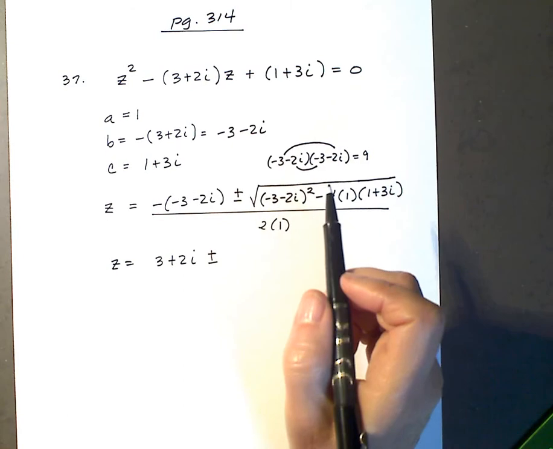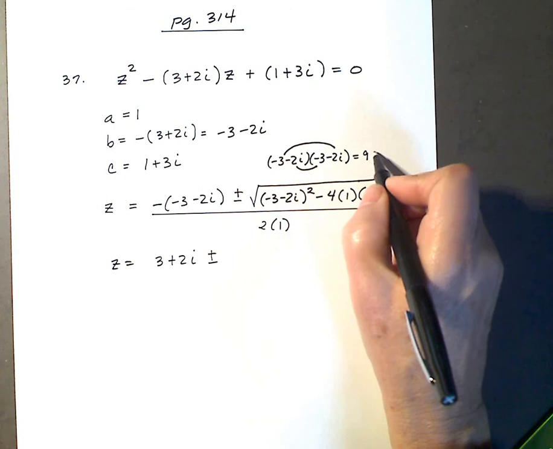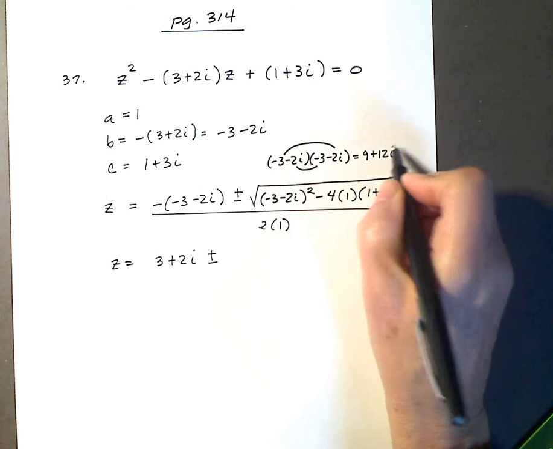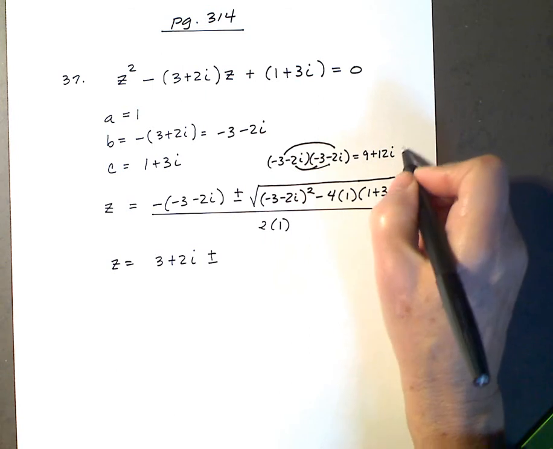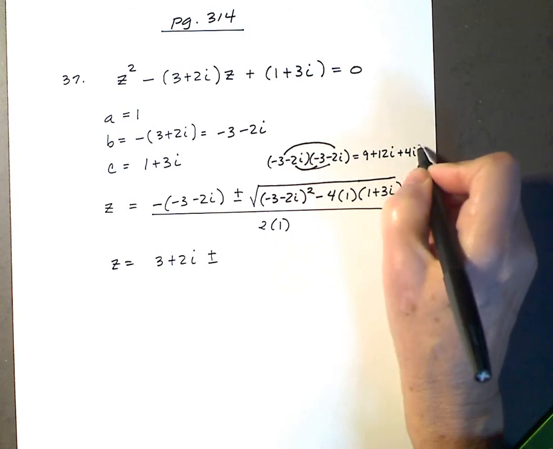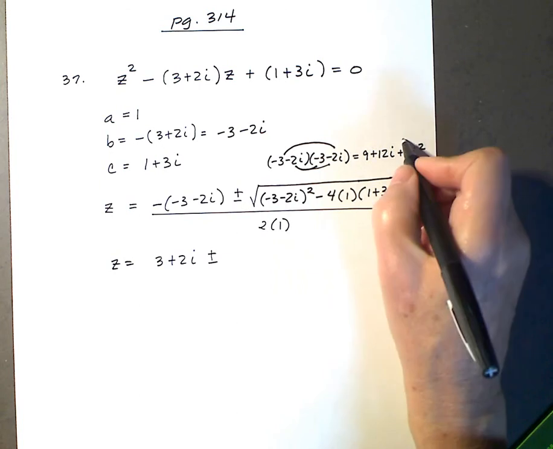So I'll get a 6i plus a 6i, so I'll get a plus 12i, and then plus 4i squared. Okay, but the i squared makes this a net minus 4, a negative 4.